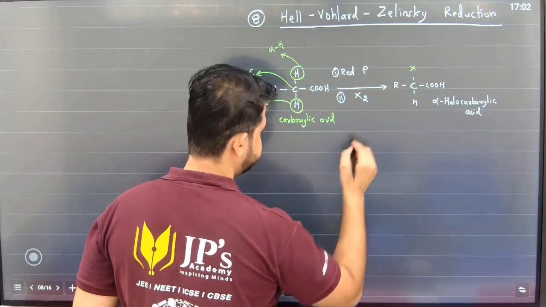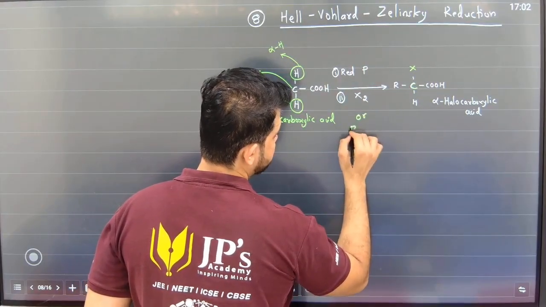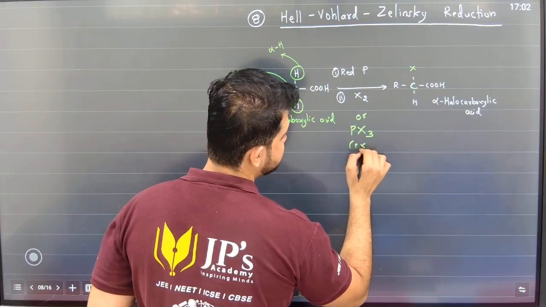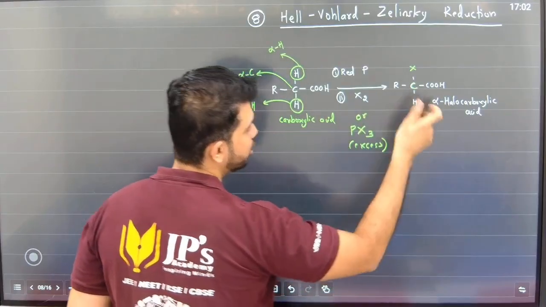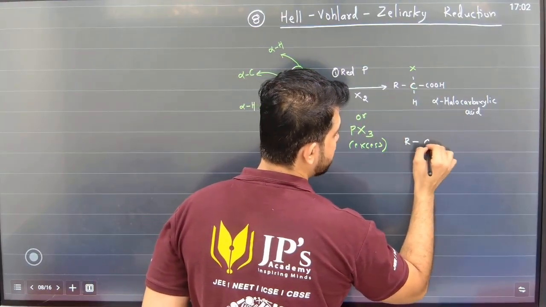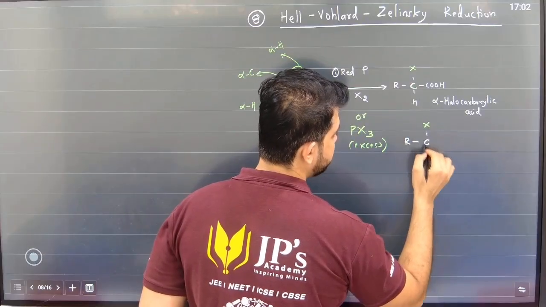Here I can also write this as PX3, and if I use this in excess, all the alpha hydrogens present will be replaced.